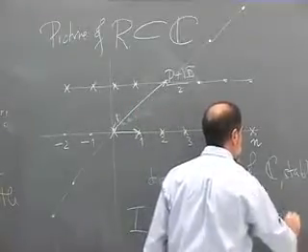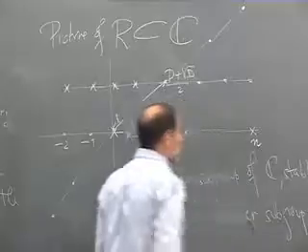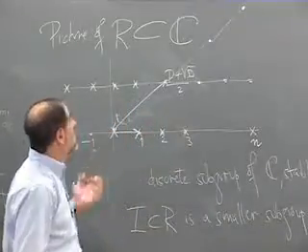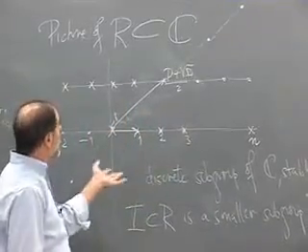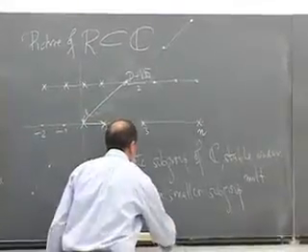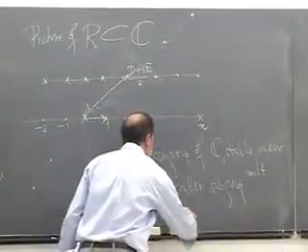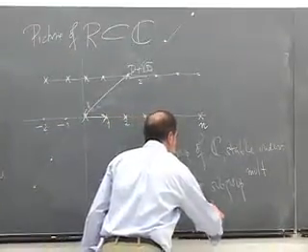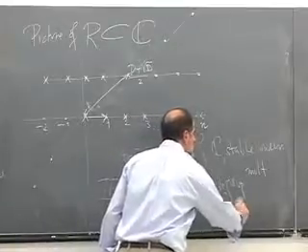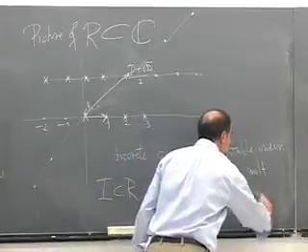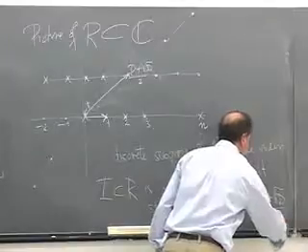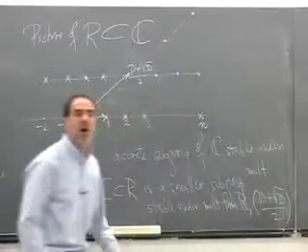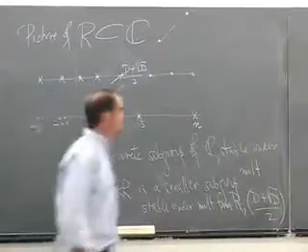subgroup, and it is stable under multiplication, but even better, it's stable under multiplication from R. And in general, all you have to do is check that it's stable under multiplication by this one element in R, because it's a subgroup.